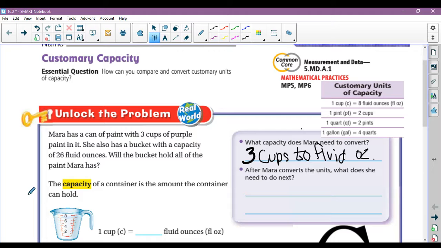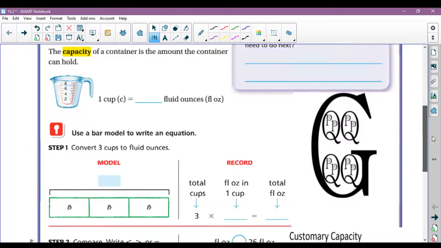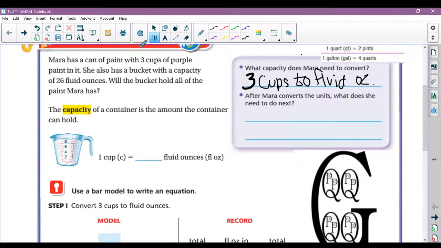After Mara converts the units, what does she need to do next? After she's done, we then need to compare, because we need to know if that amount of paint is going to fit within that bucket. So we need to compare.